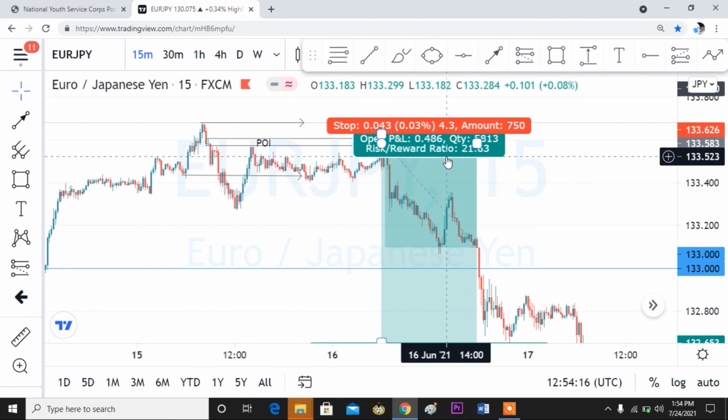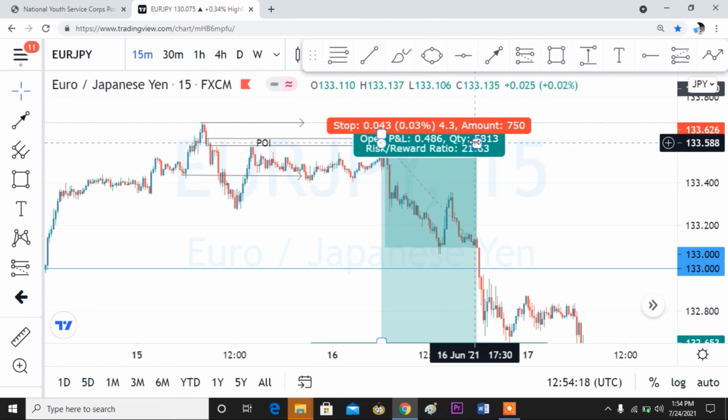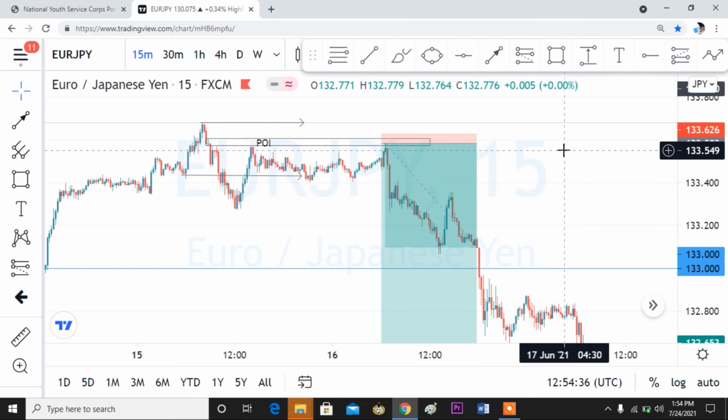This was the exact trade I actually sent to my Telegram channel, this Hero JPY. Here we risked, I think it was about 6 pips, and we got 324 pips. We were able to risk just 6 pips to cash 324 pips. It was really massive, and this can only be done using the smart money concept.